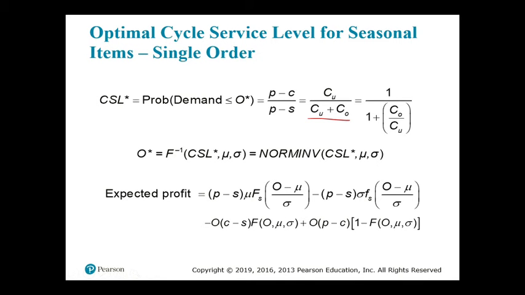You can simply put the formula into Excel and have it calculate the expected profit for you. The derivation of these formulas, if you're interested, is in the appendix of the textbook, appendix 13A through D.